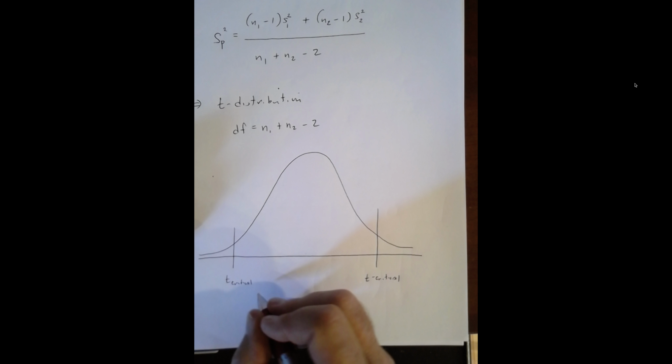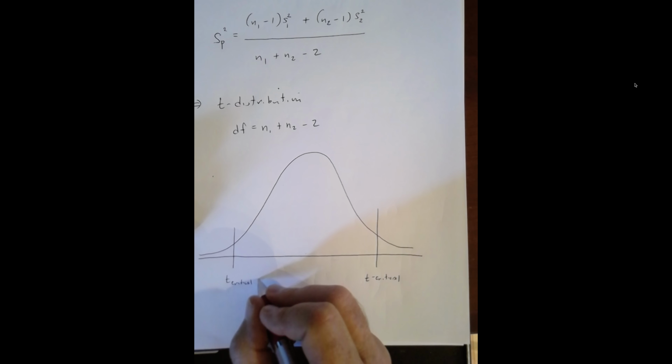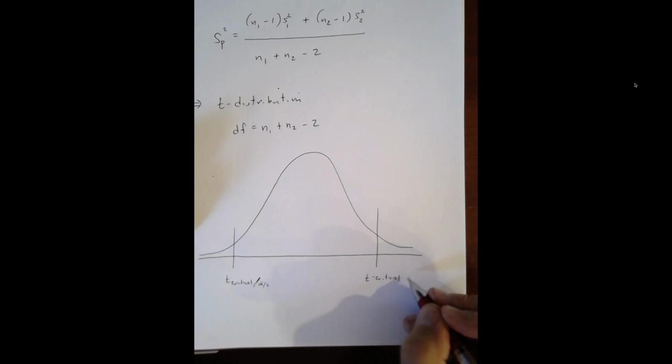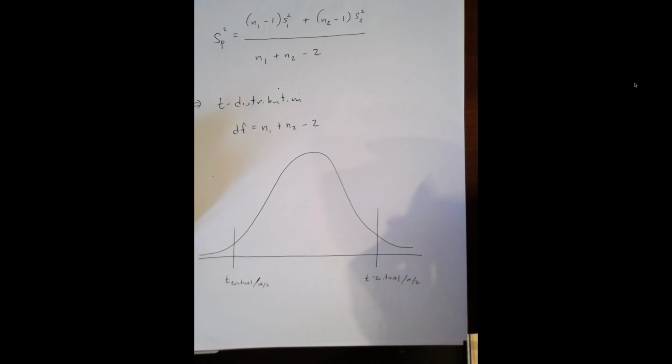And this will be for the alpha over 2. So if we have an alpha of 0.05, we put half of our rejection region here and half of our rejection region here. All right. So guys, the beauty of this stuff is that when we start doing the calculations, we actually will do most of that using StatCrunch.